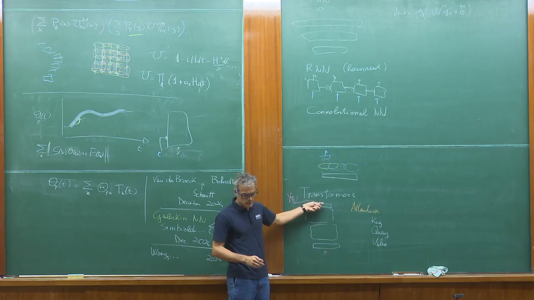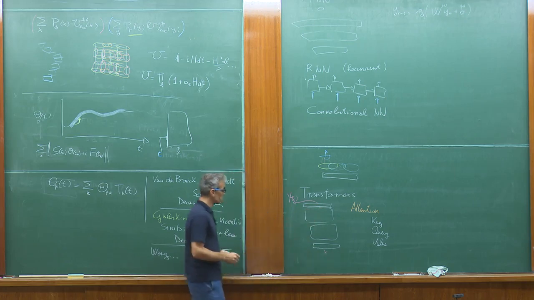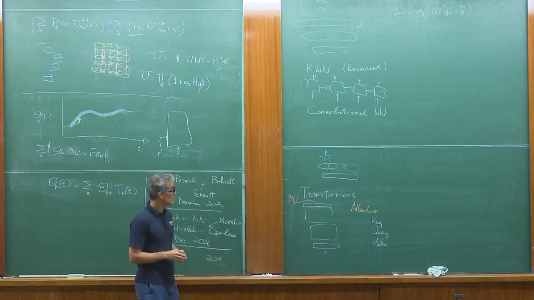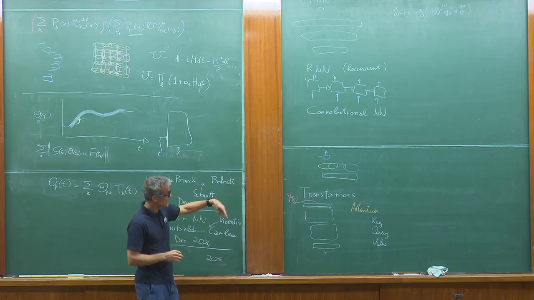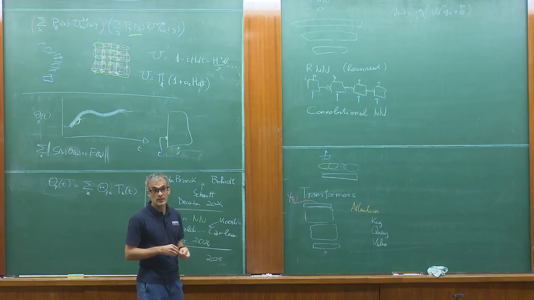There are beautiful works by Becker and others where they get really good ground states using vision transformers. So yeah, I guess I kind of rushed through these things. You could spend days talking about these things, but you have an idea of what the different types of neural networks are there and what people are using. And of course, you can include symmetries.